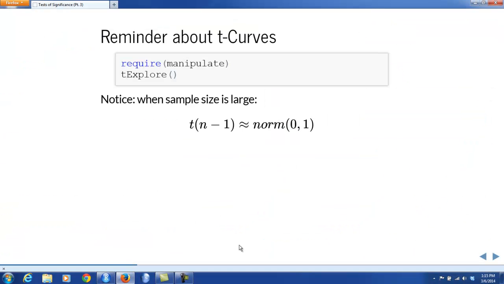So what we've learned is that when the sample size is large, the degrees of freedom will also be large, because it's 1 less than the sample size. And the t-curve at these large sample sizes will be approximately a standard normal curve, a perfectly bell-shaped curve with mean 0 and standard deviation 1.